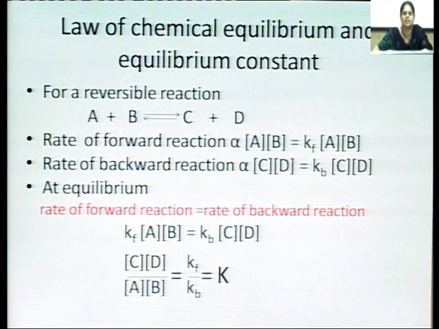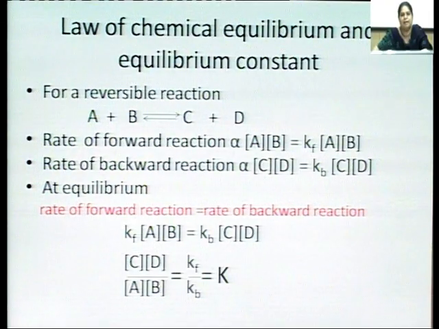On rearranging, we get [C] into [D] upon [A] into [B] equal to the rate constant for the forward reaction upon the rate constant for the backward reaction. Since these two are constants, their ratio will also be constant, which can be represented as K. Here K is the equilibrium constant.